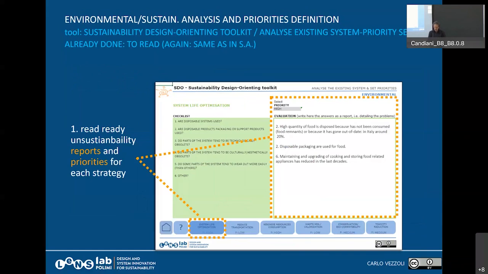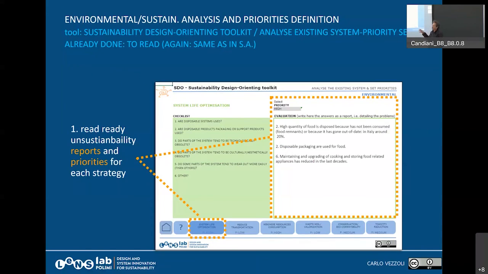Then you will be using the sustainability design orienting toolkit in the analysis of the existing system and priority. Indeed, you will find something already done here. Okay, this you could be doing, but we did it for you, as I said.